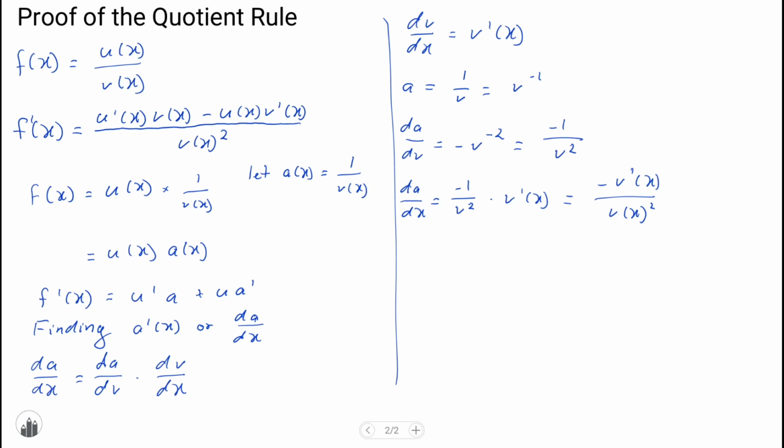So u dash times a, the derivative of my function of x, is equal to u dash of x times whatever a was.